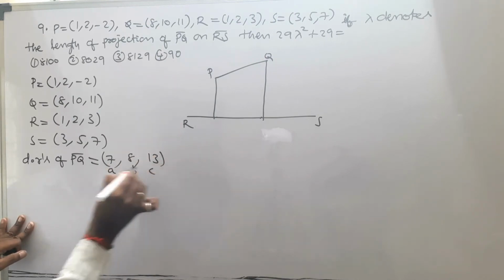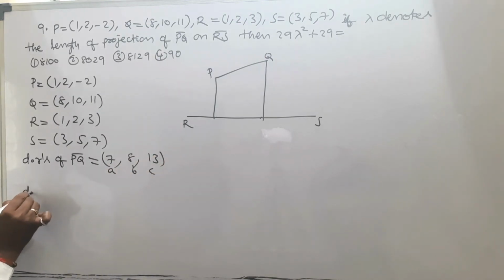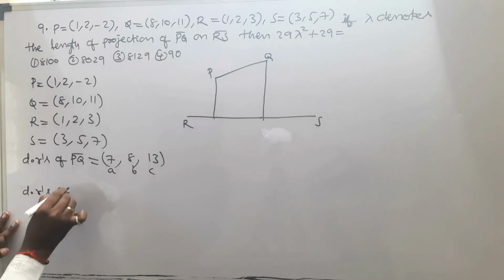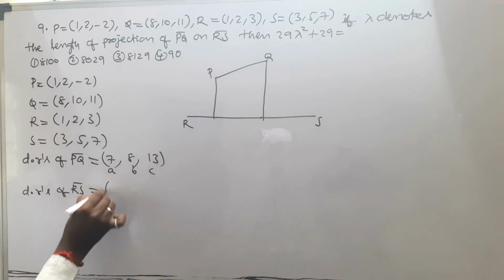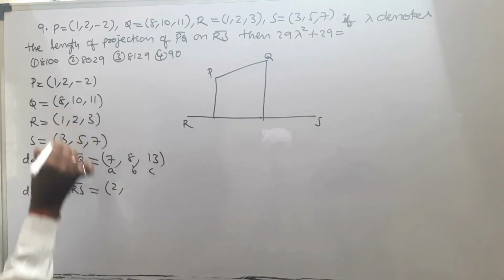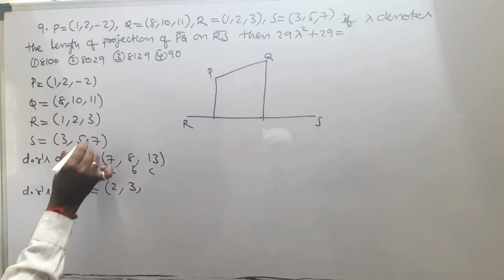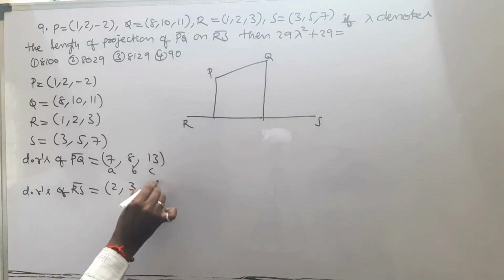A, B, C, these are the DRs of RS: 3 minus 1 is 2, 5 minus 2 is 3, 7 minus 3 is 4.